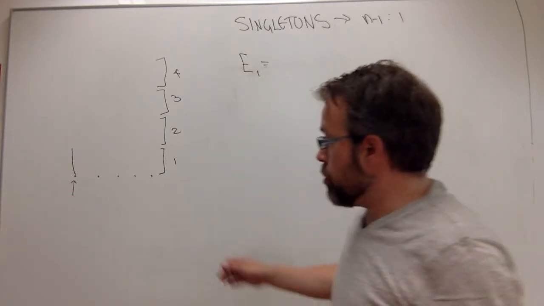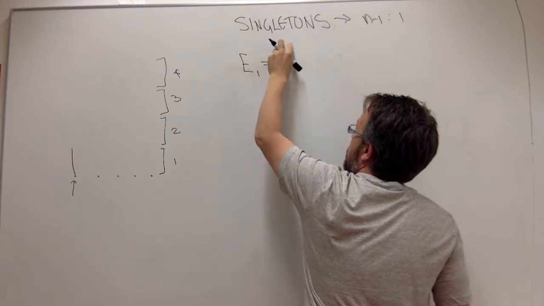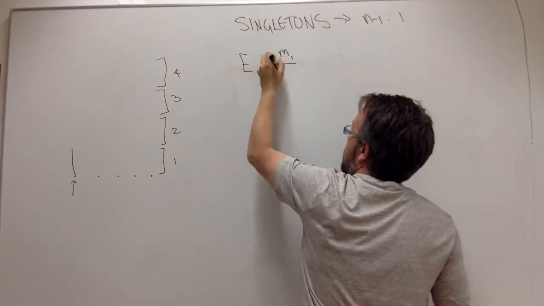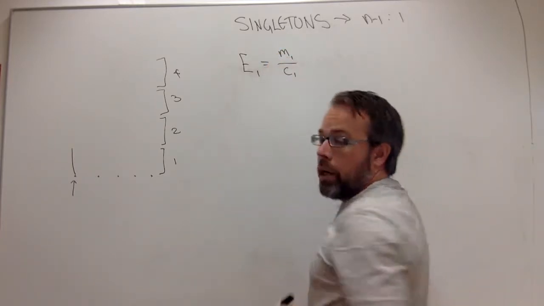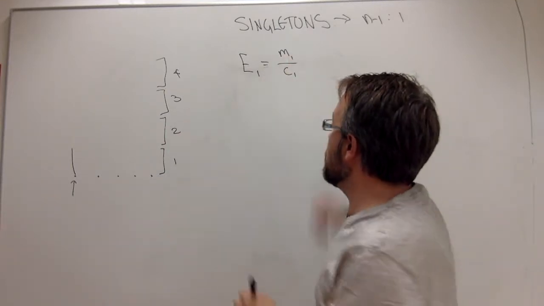That is equal to the relevant mutation rate, let's call it M1, divided by the relevant rate of coalescence. That's our first interval.